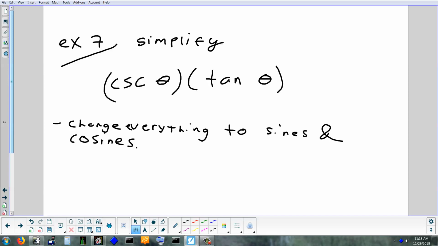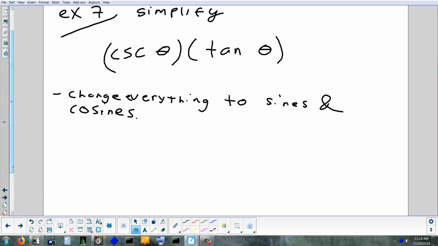It's kind of like if you were trying to teach somebody how to play chess. You could give them a certain move or a trick that works a lot of the time if a certain situation comes up on the board, but you can't say, just do this every time and you're automatically going to win the game. Changing everything to sines and cosines isn't automatically going to work every time, but it will with the kind of problems we're going to start out with.